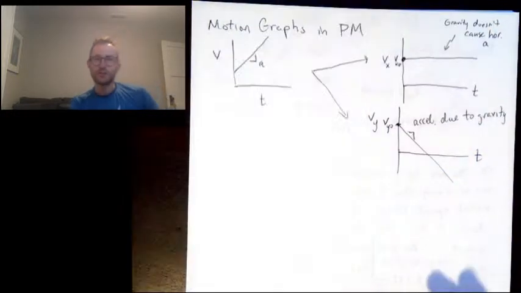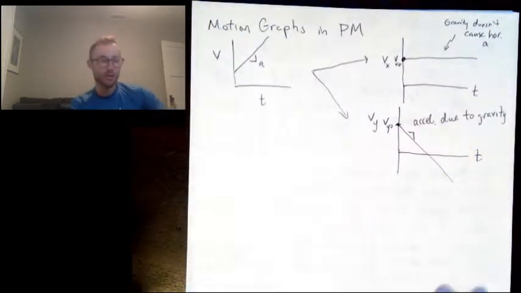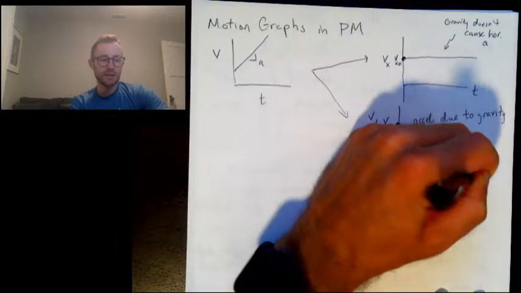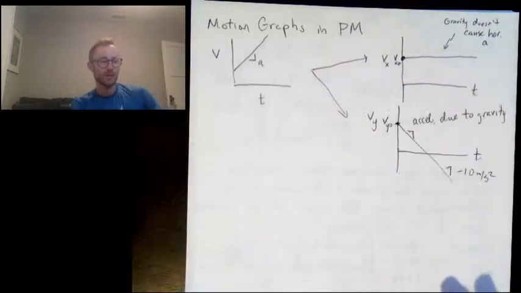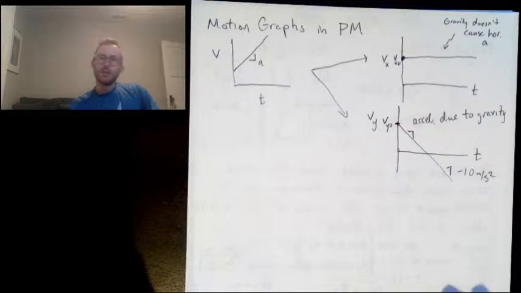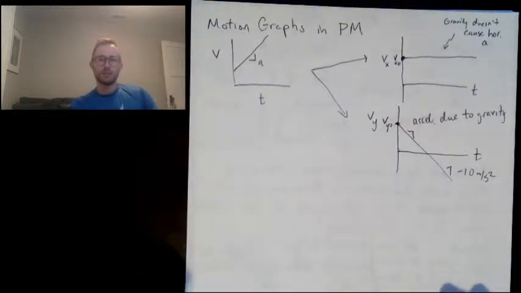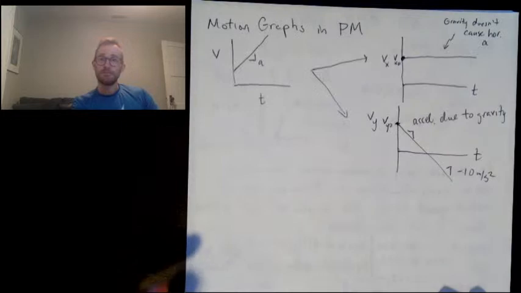So if we launched this projectile on Earth, this slope will be negative 10 meters per second squared. If we launched it on another planet, it's going to have a different slope.